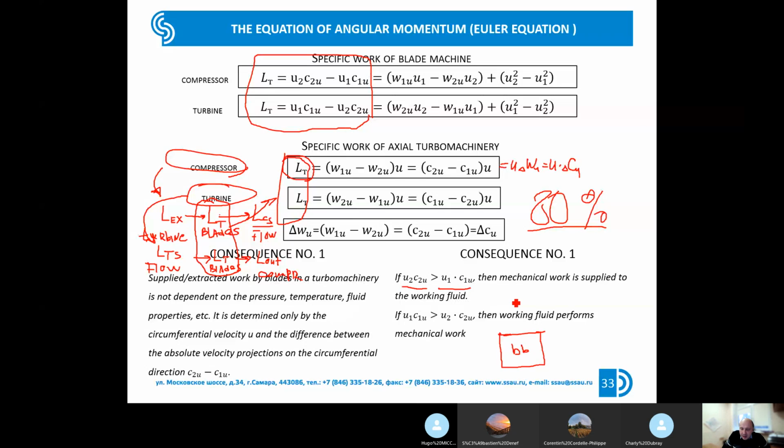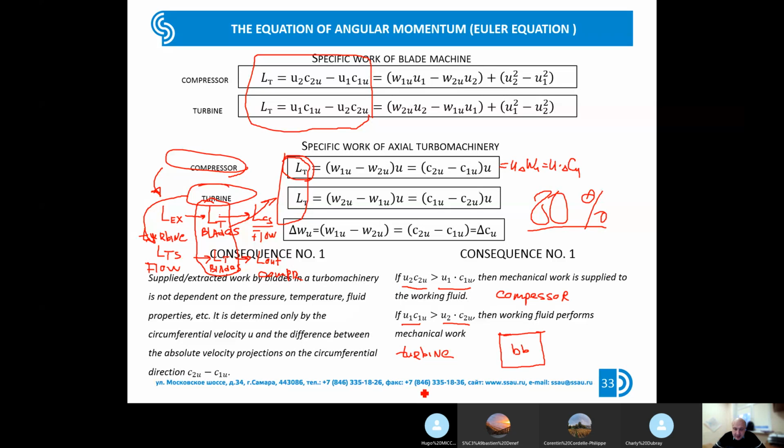It means that what is inside the black box will be a compressor. If you have the other relationship, if U1 C1U is more than U2 multiplied by C2U, it means you are extracting energy from the flow and you have a turbine.